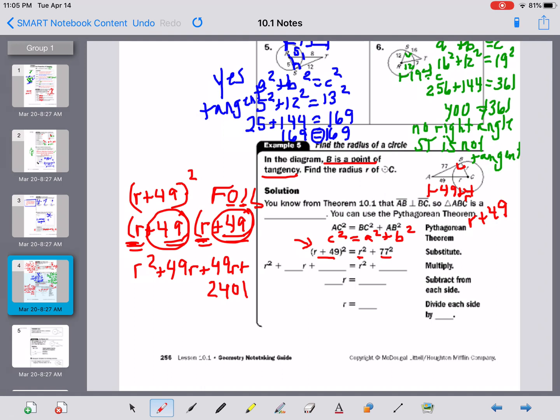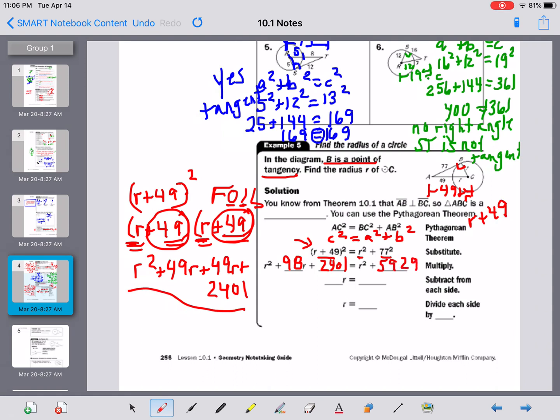So on my left side, when I combine all this and combine like terms, I get R squared plus 98R plus 2,401. On my right side, R squared is just R squared, and 77 squared, again, a calculator would be handy, is 5,929. All right, it's time to solve this.